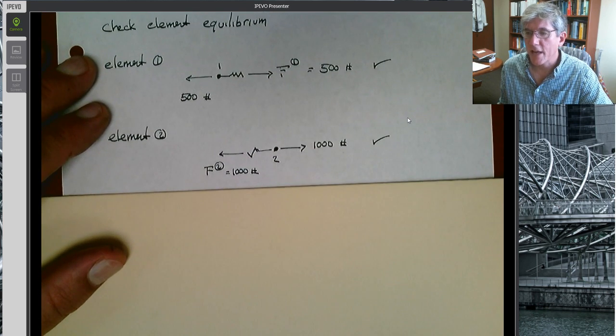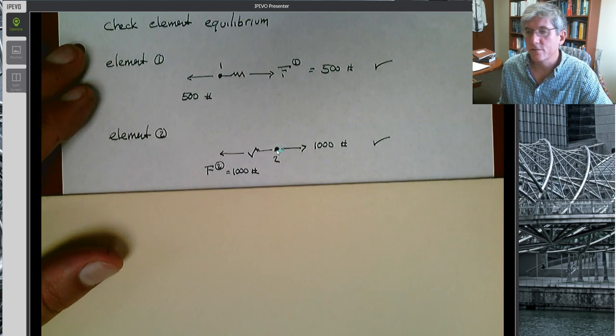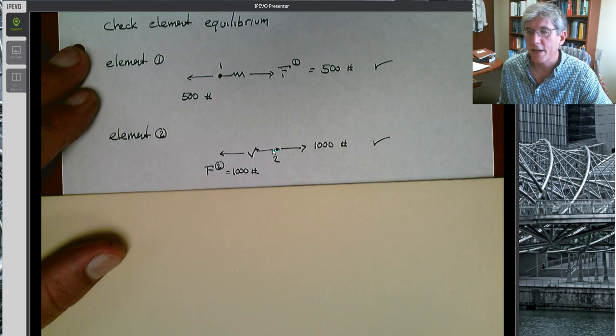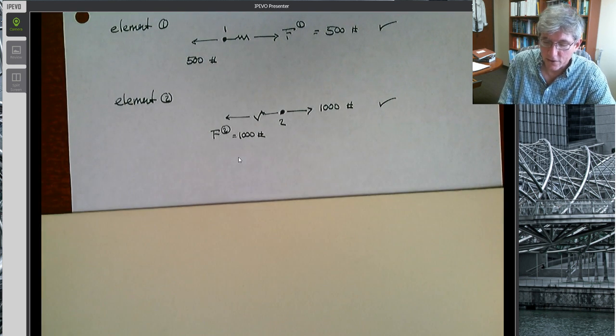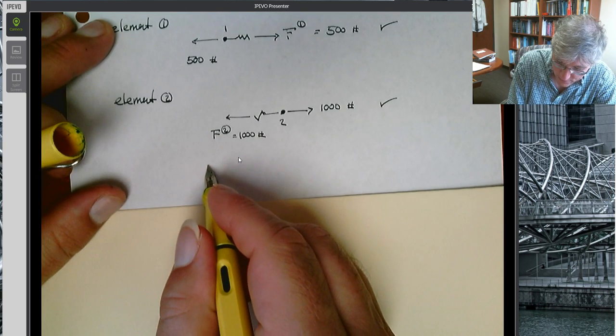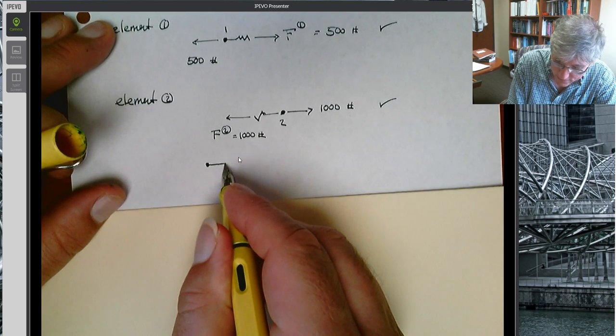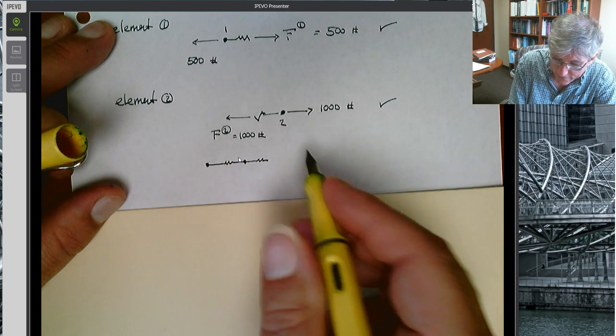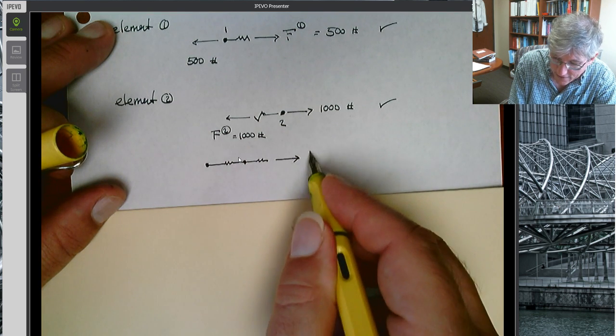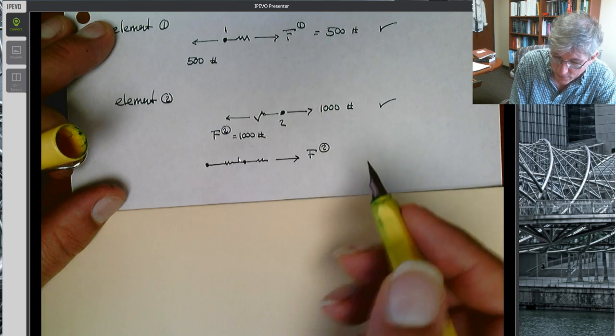And we can do the same for the second element. I chose to cut it here in the middle of the second element to expose the internal force of 1,000 pounds. If you wanted to really check it, you could also check it this way. Here's the first element, and here's the second element, taking the cut from the left. Here is F2, if you will.